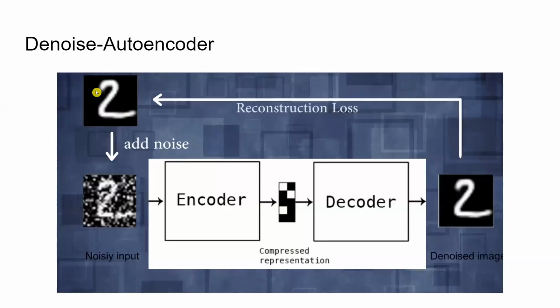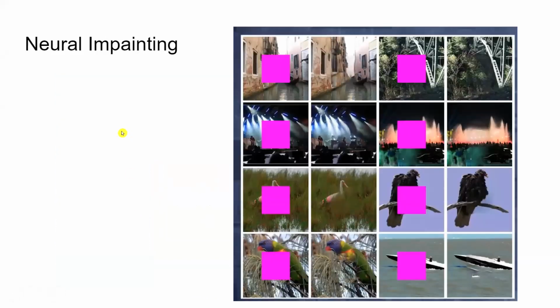Another application is the denoising autoencoder. I did this before. You have noise, and then you put it into an autoencoder. Then you train this, but not with the noisy one, you train with the original image. Then you have the ability to denoise a noisy image. And on the same page with denoising, you also have inpainting.